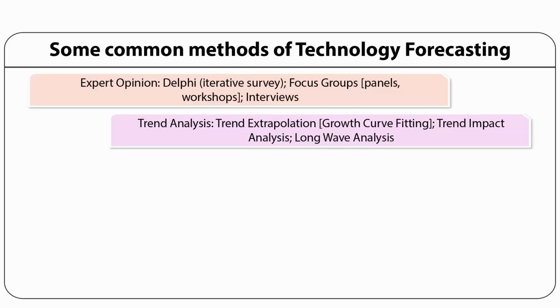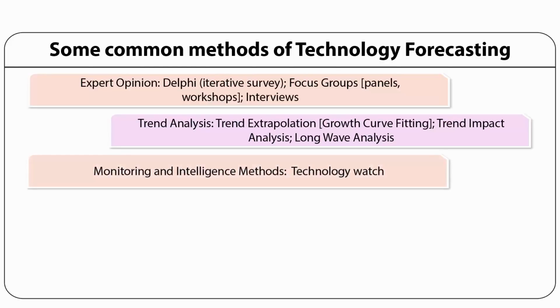The third important method of technology forecasting is monitoring and intelligence methods, which goes also under the umbrella of technology watch.